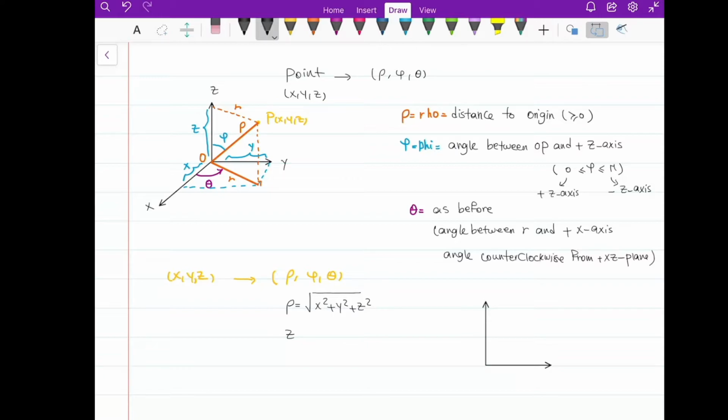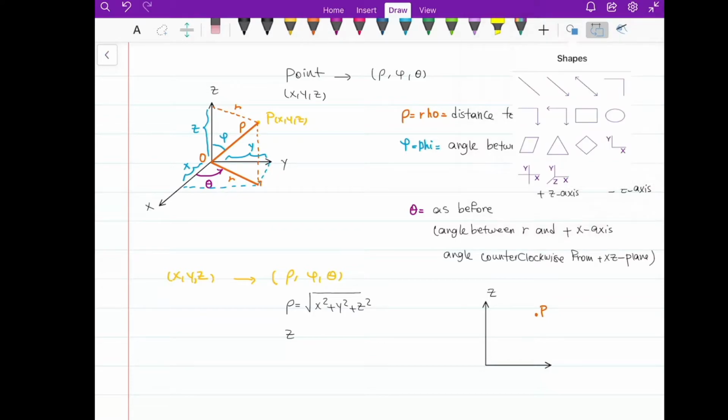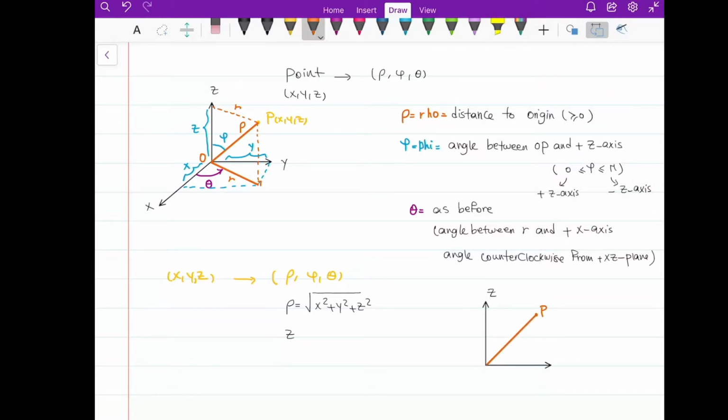So I have the z-axis. That's my point P. This is the distance from the point to O. Then just assume that because I'm considering this plane in here, this is basically R. Let me write R in here, and then here I have Z. Okay, I hope it makes sense.